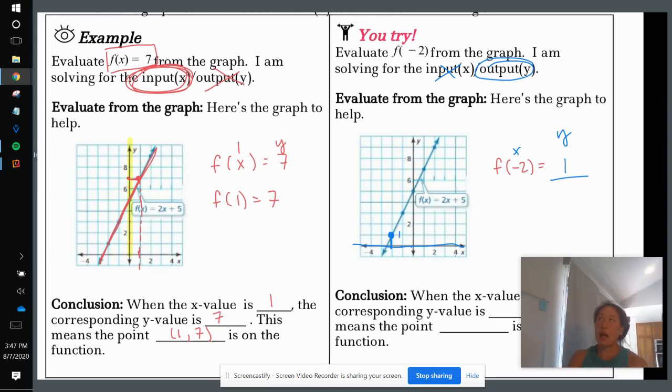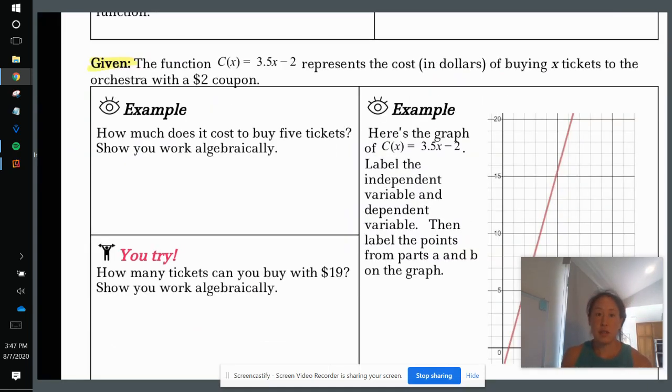So when the x value is -2, the y value is 1, which means that the point (-2, 1) is on the function.